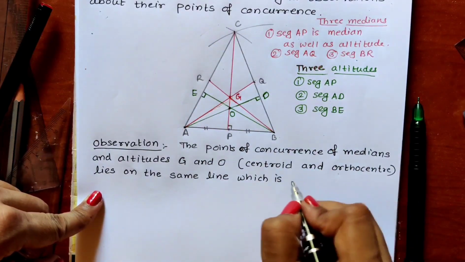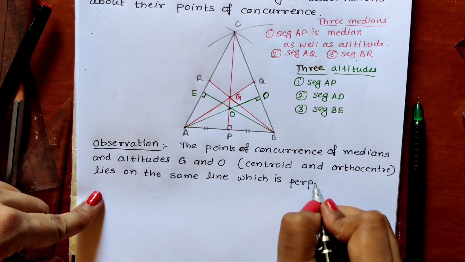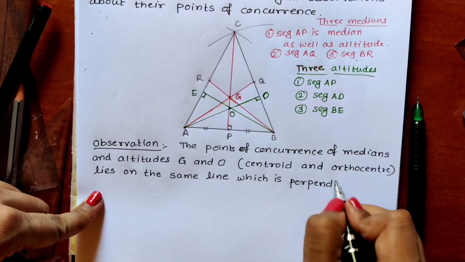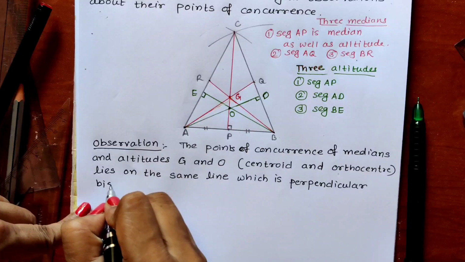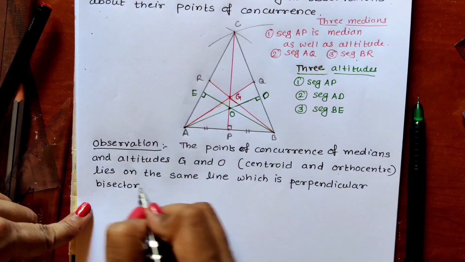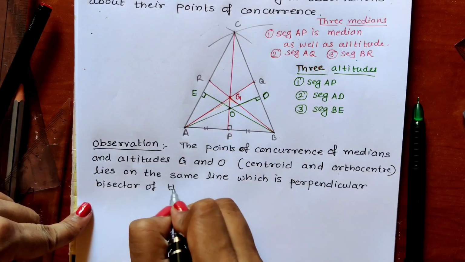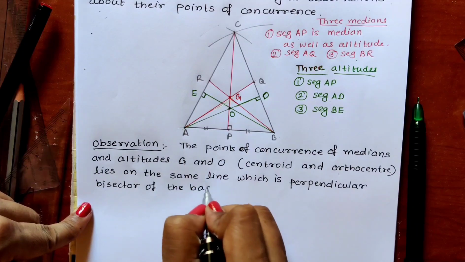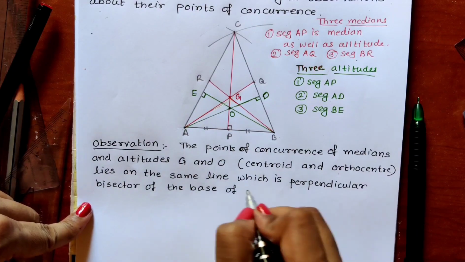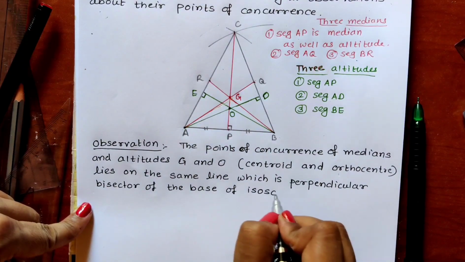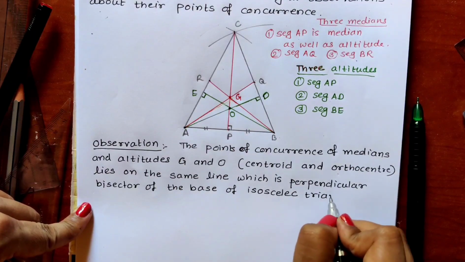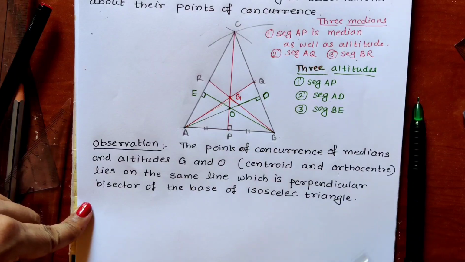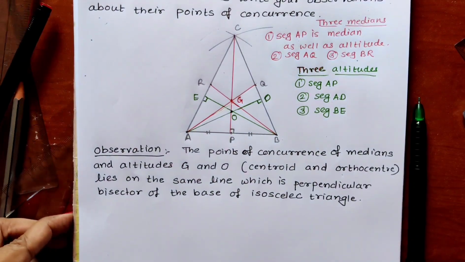Which is the perpendicular bisector of the base of the isosceles triangle. In this way we have to write our observation, okay, and draw the diagram carefully.